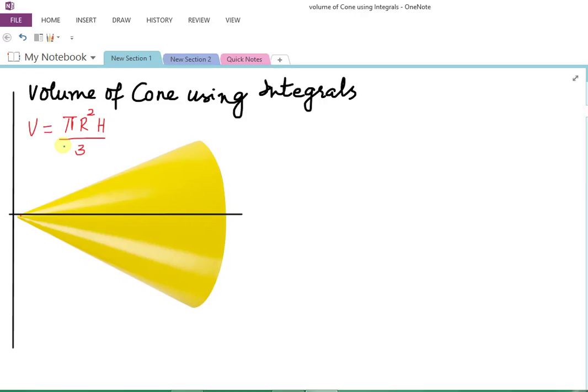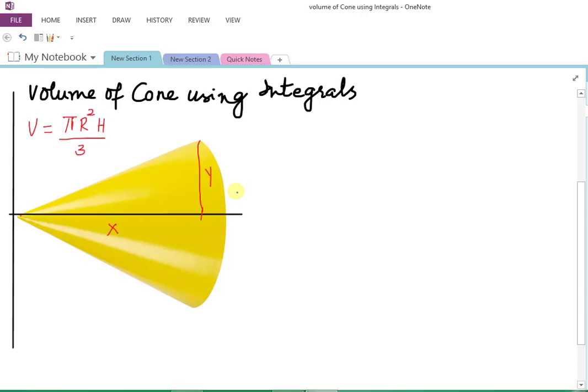Now here's a cone in the diagram, and let us denote x as the height of this cone and y as the radius of the cone, right?